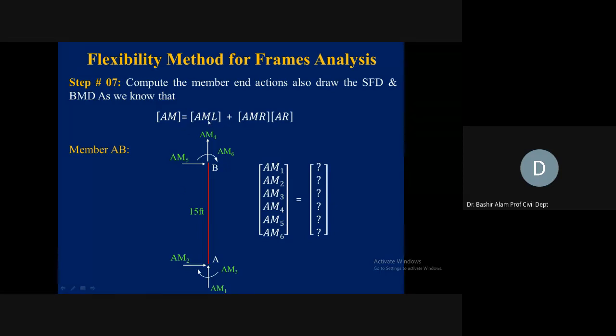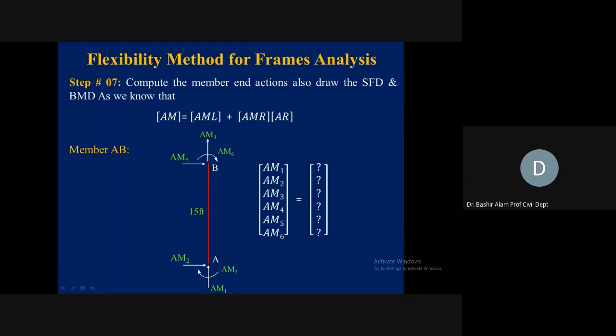We need to find out AML now and AMR matrix. AR already we found. AML will be coming now from the analysis which we did for writing the capital M values. And capital M values, how we did it? We analyzed the structure, the basic determinant structure under the actual applied external loads.